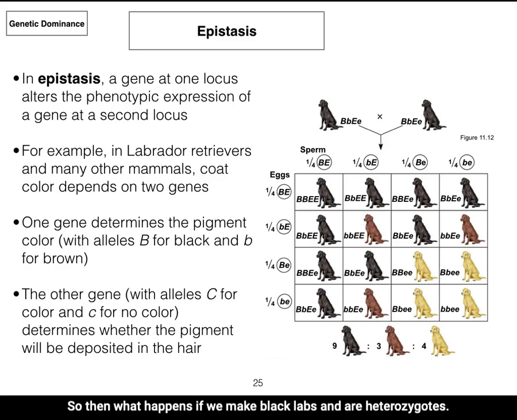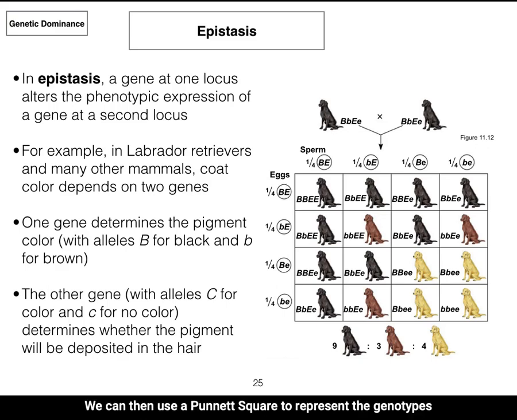So then what happens if we mate black labs that are heterozygotes for both genes, big B little b, big E little e? Although the two genes affect the same phenotypic character, the coat color, they follow the law of independent assortment. Thus, our breeding experiment represents an F1 dihybrid cross, like those that produce the 9:3:3:1 ratios in Mendel's experiments.